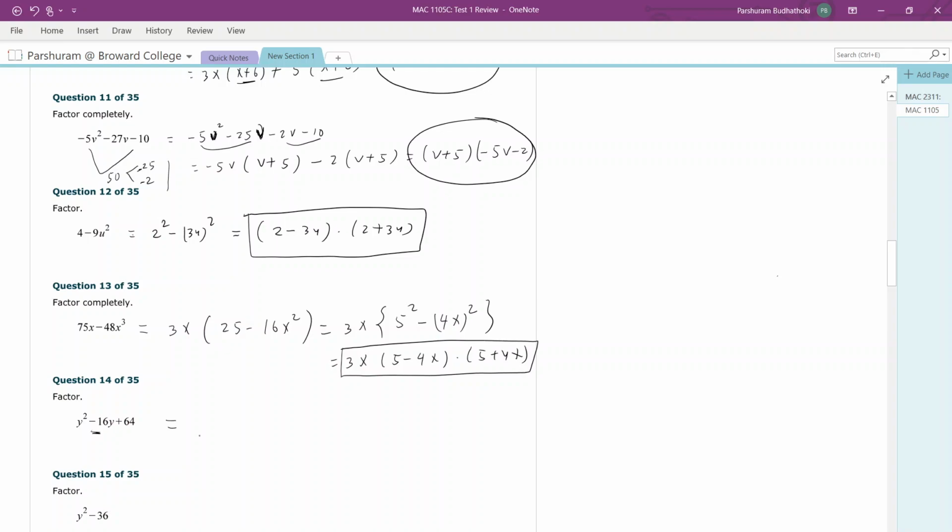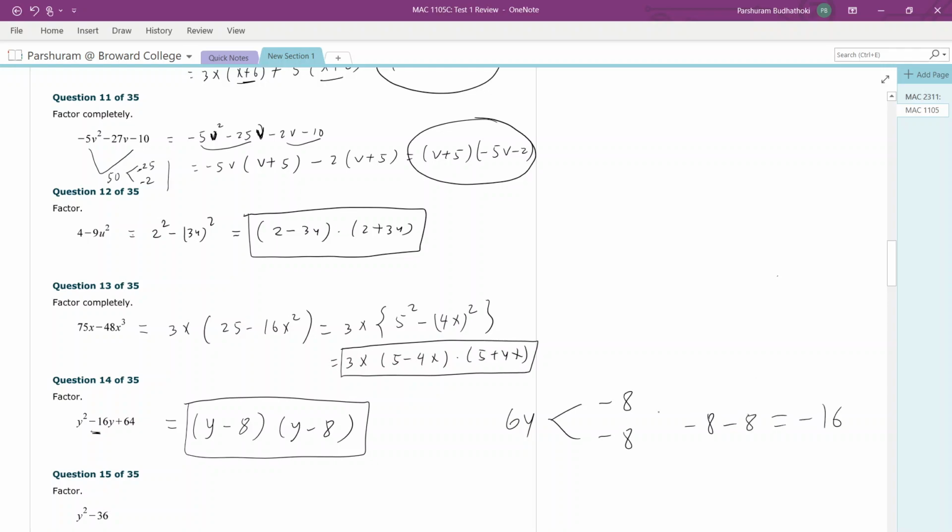So eventually it will be y minus 8 squared, so y minus 8 and y minus 8. Because 64 is negative 8 times negative 8, and negative 8 plus negative 8 is negative 16, I can split this negative 16 as negative 8 and negative 8. So this is the final answer.